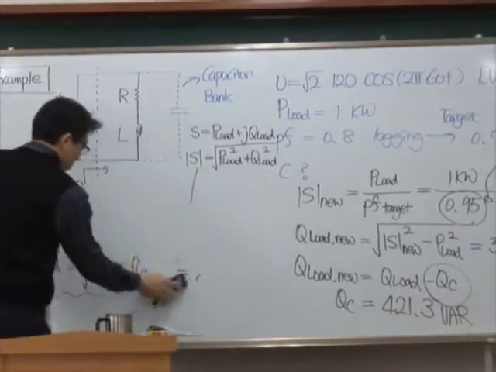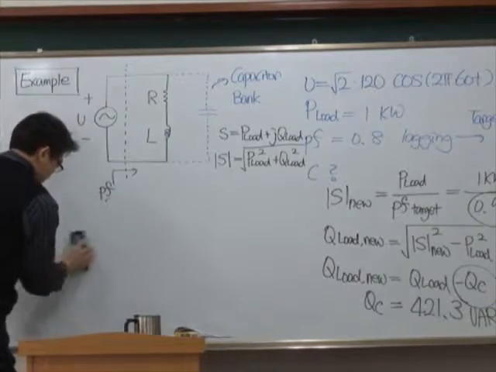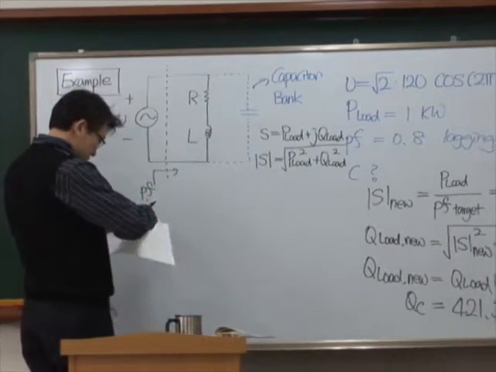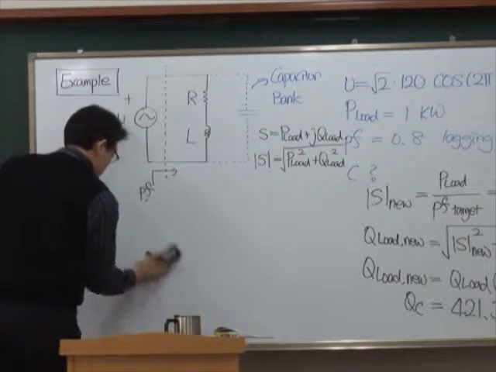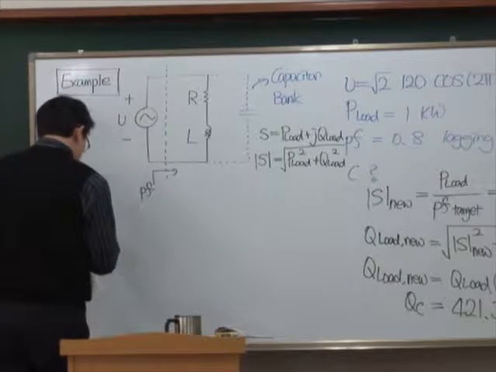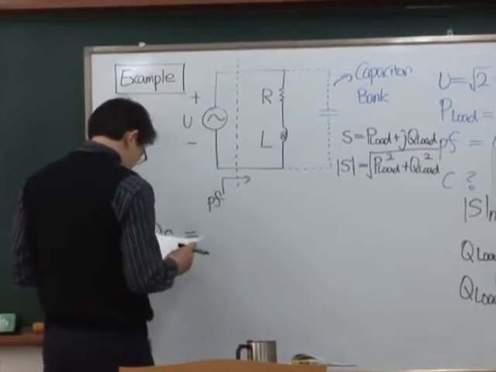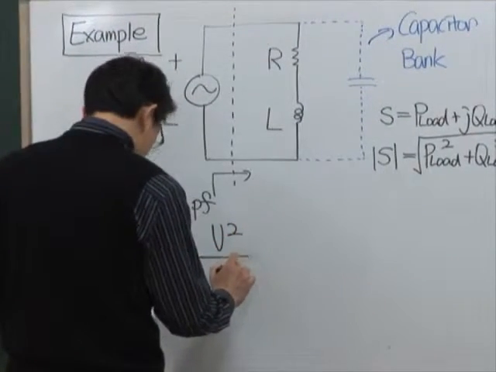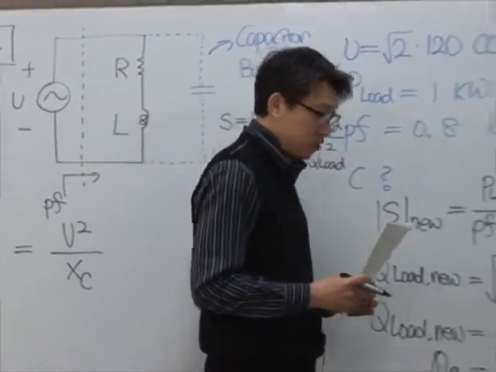So now we are in a good position to calculate the required capacitor or capacitance. QC is equivalent to V squared divided by XC. Okay? I think everybody knows about this.